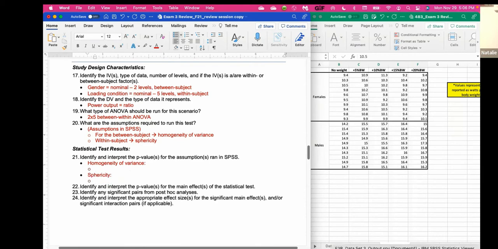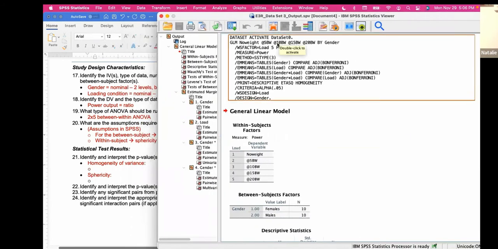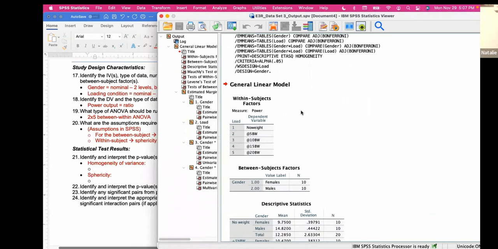Data set number 3. Okay. So for this one, I did analyze, repeated measures or general linear model repeated measures. I inserted for my within subject factor, I called it load, and I said there were 5 levels.